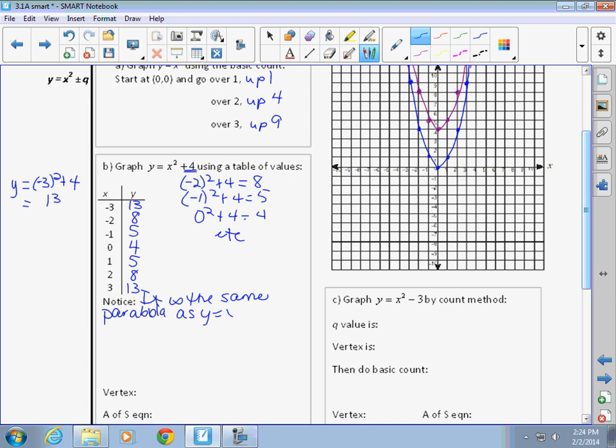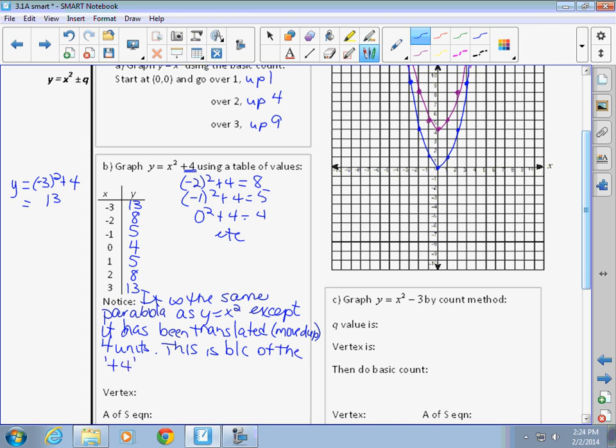As y is equal to x squared, except it has been translated, and that's our technical term for it, it just means moved, four units. So this is because of the plus 4 at the end of the function.